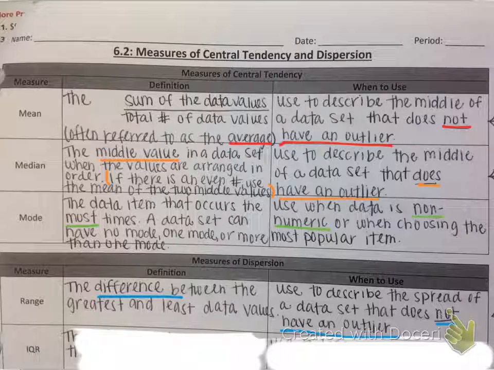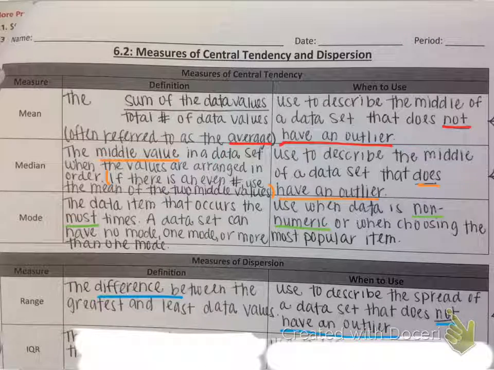It's going to raise it, right? Because we're taking into consideration this really tall person who's not even close to any of the rest of your heights. So the middle of our data looks higher than it actually is. So when there is an outlier, we use the median. Because the middle shows a little bit more accurately where the middle of our data is.